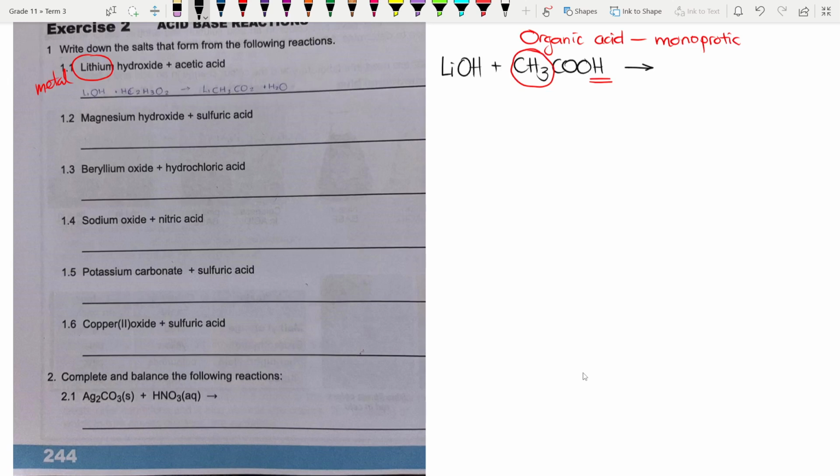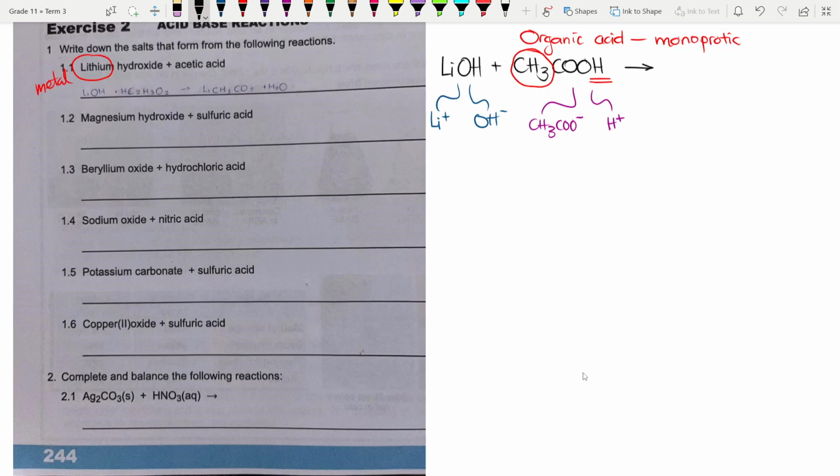And the products are going to look like this. You can also do the breaking down thing. Lithium hydroxide is going to break down into lithium plus and OH minus, and then the acid is going to break into CH3COO minus and H plus or H3O plus.